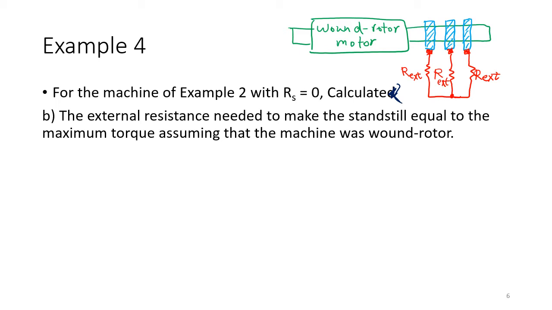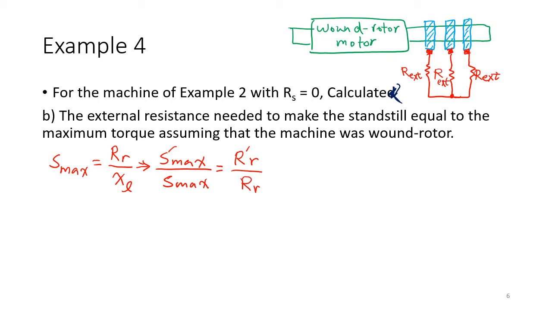Now we are asked to calculate that R external to make the standstill torque, or startup torque, equal to T max. We know that S max is equal to RR over XL. So S prime max over S max will be equal to R prime R over RR.